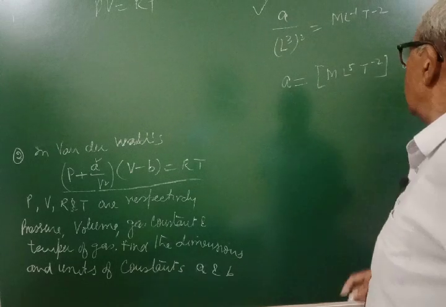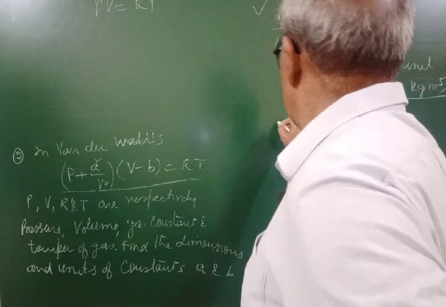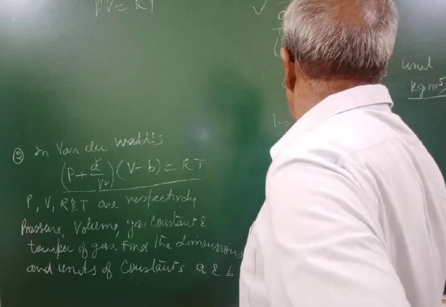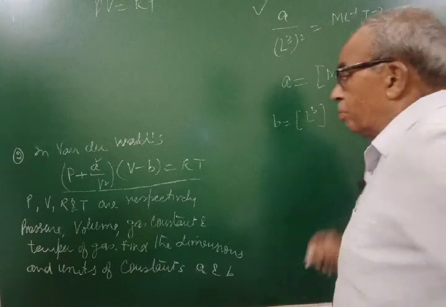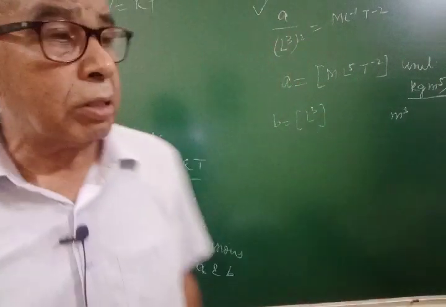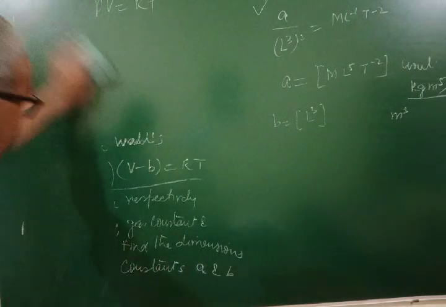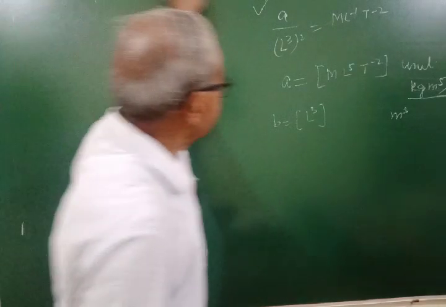Simple. You write accordingly. Then B has dimension of volume, L cube, so its unit is meter cube. But when we see it the first time, we feel it is very difficult, while the question was simple.